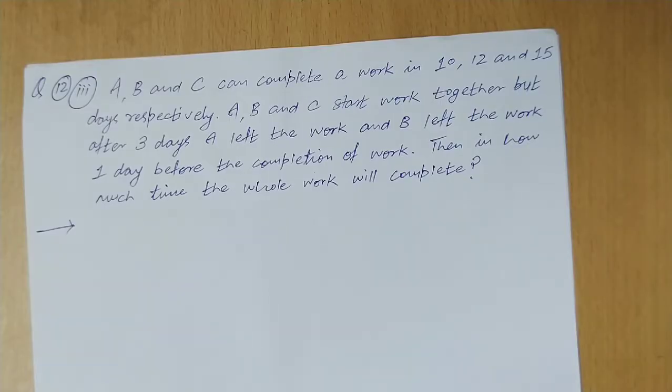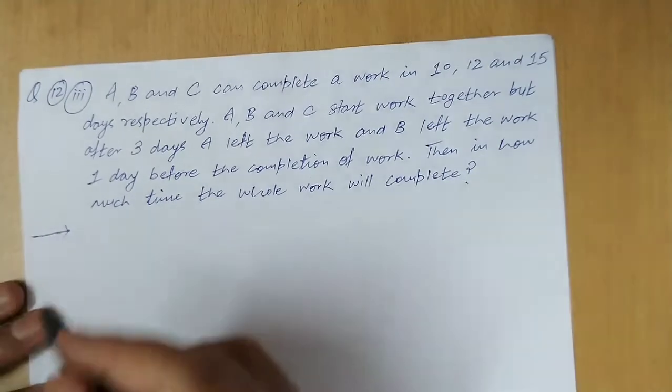Next question is question number 12, sub 3. A, B and C can complete a work in 10, 12 and 15 days respectively. A, B and C start work together, but after 3 days A left the work and B left the work 1 day before the completion of work. Then in how much time will the whole work complete?